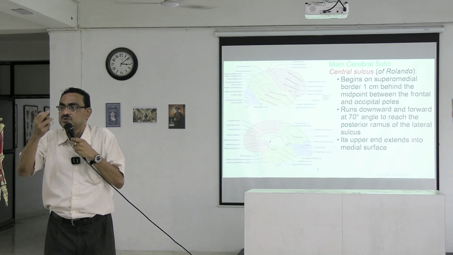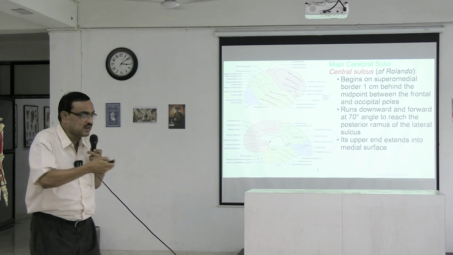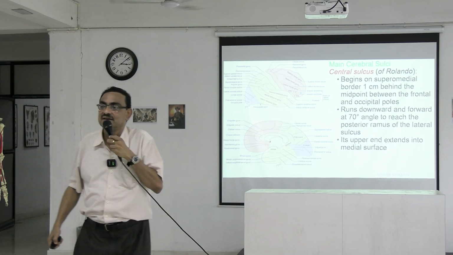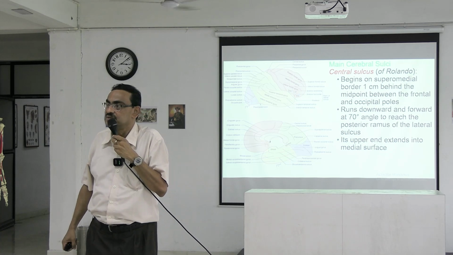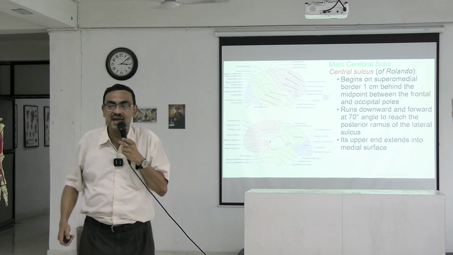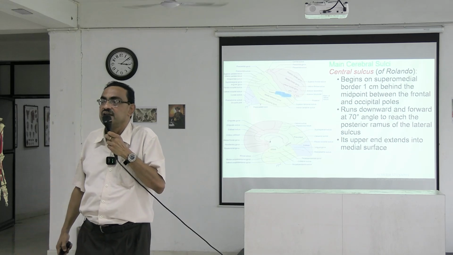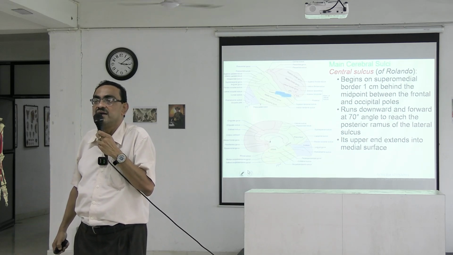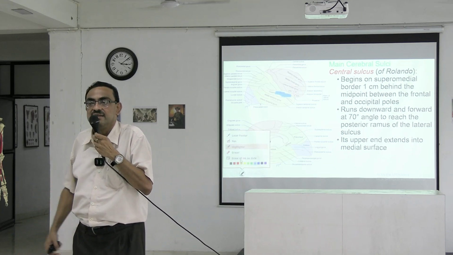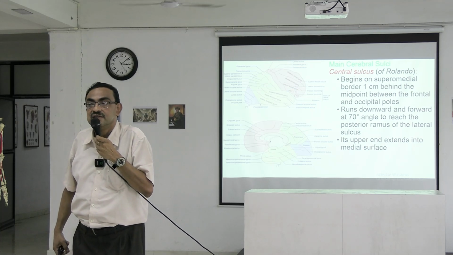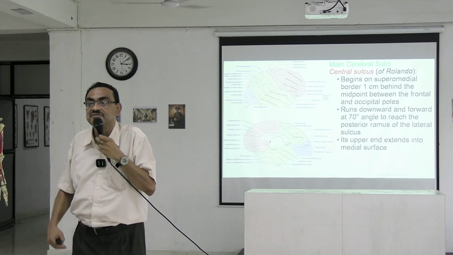Suppose the motor area of Broca, area 44, 45, is all right. But if the lesion is in area 41, 42 or in area 21, 22 and 39 and 40, there will be sensory aphasia.